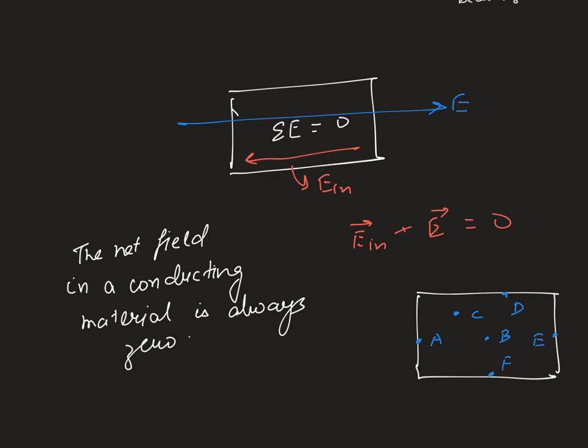And if the field inside is 0, we can always say that VA equals VB equals VC equals VD equals VE equals VF. That means all points inside the conducting material, I'm repeating it again, all points inside the conducting material are at the same potential.